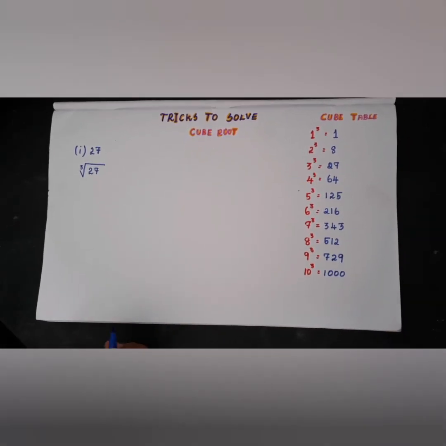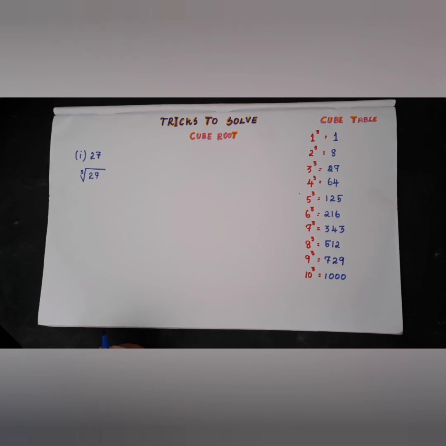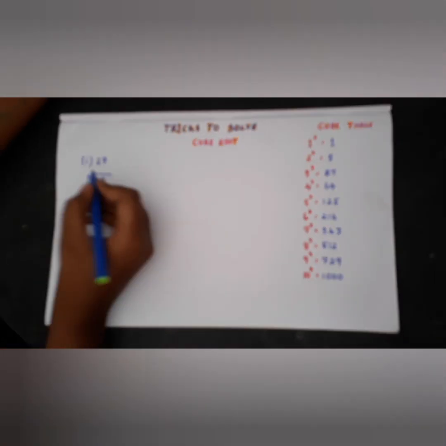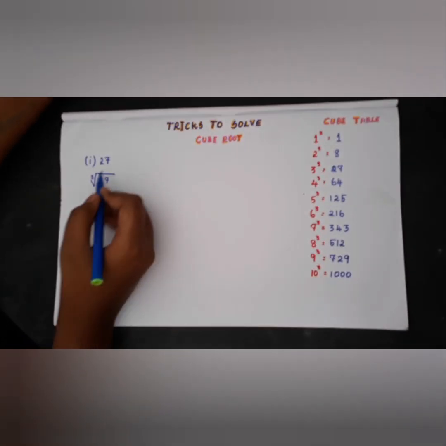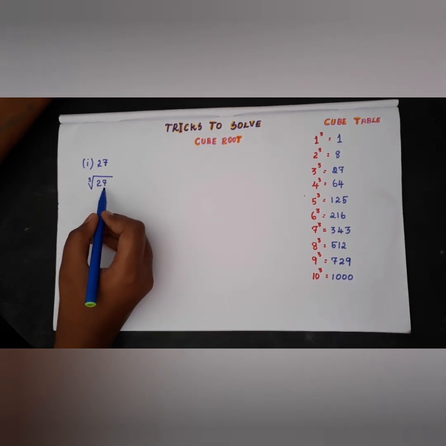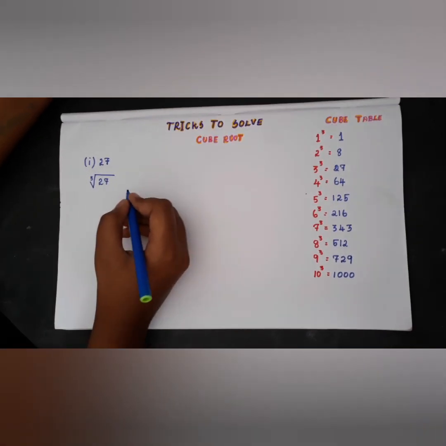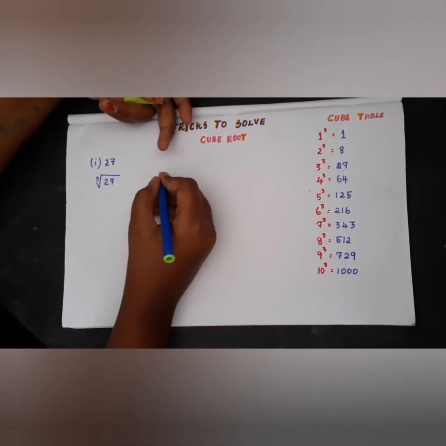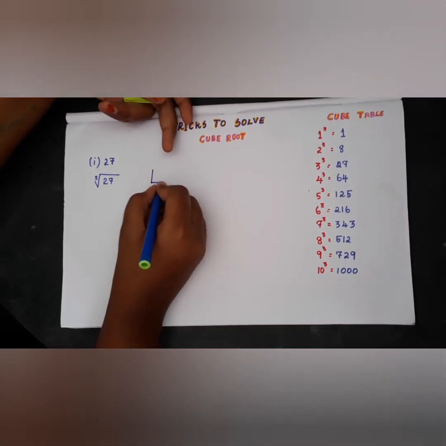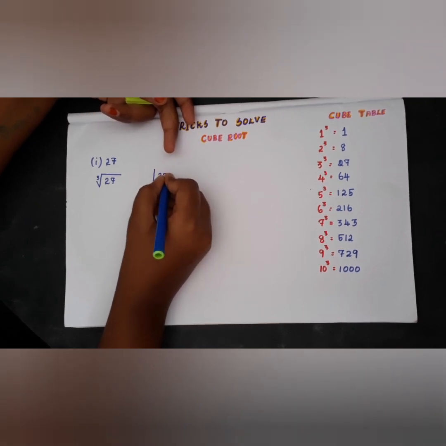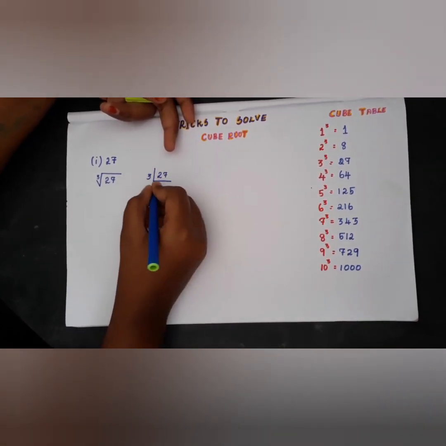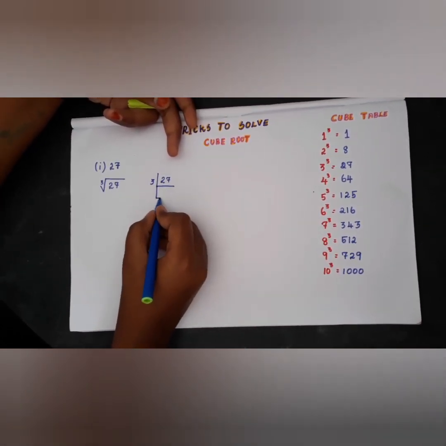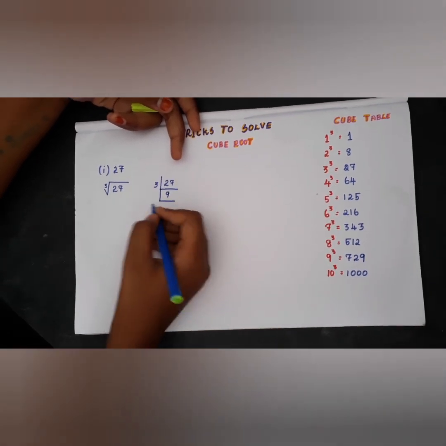Now I am going to give an example for you without using the trick. For example, the cube root of 27. We use the prime factorization method. In the 3 table, 9 times 3 is 27.